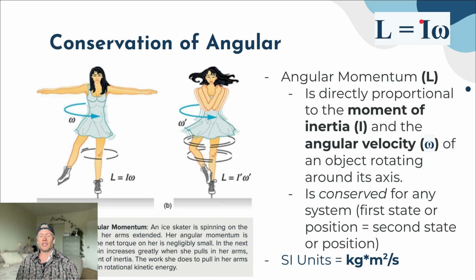So in a squared fashion, if we decrease our R value by pulling in our arms and legs, so we square decrease our moment of inertia, we will see a proportionate increase in our angular velocity, because in the start and end, so initial and final moments of our scenario here in our system, which includes this person and their angular momentum, specifically, the L has to stay the same.